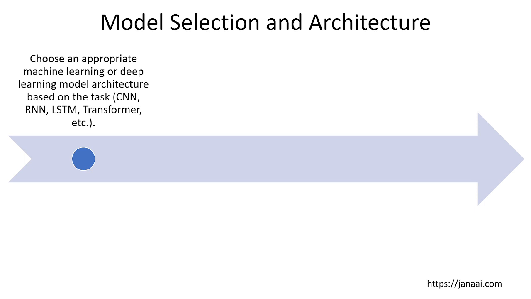If the NLP task is very complex, like text summarization, question answering, or language translation, your normal machine learning models cannot handle these use cases. There is a lot of complexity in these tasks.